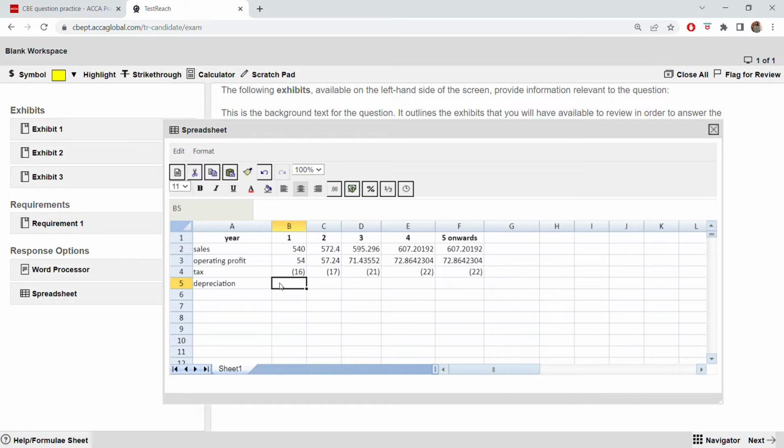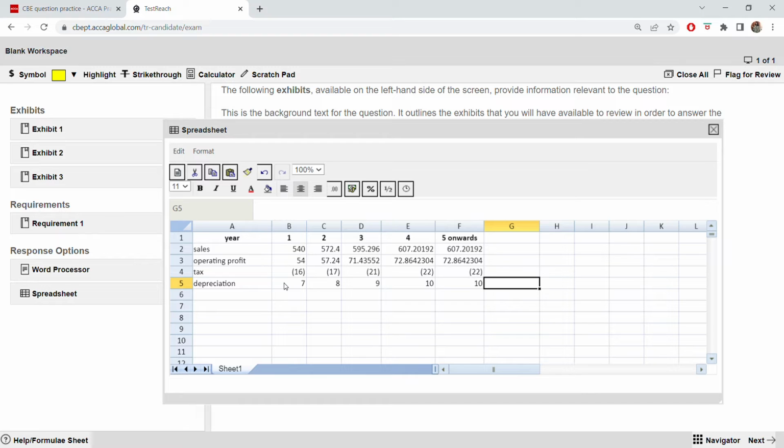Year 1 it is 7 and it will increase by 1 million per year. So it will be 7, 8, 9, 10, and 10, like that. You can just type it.